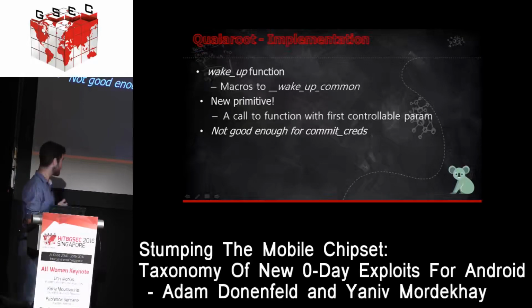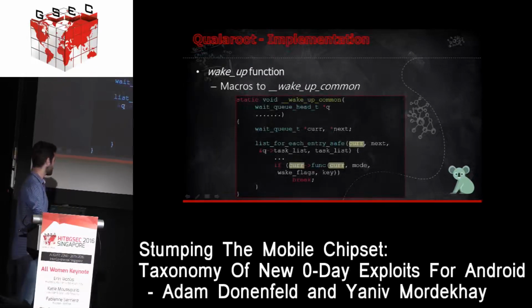But our current primitives are not good enough. Why is that? As we can see here, func is derived from cur. If we want 100% control over cur, we cannot really call any function we want.